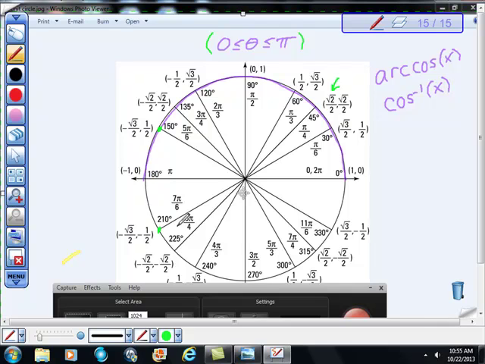And if I go to the cosine of this angular value, that's already accounted for right here. So we only need this piece. It is very, very important that you know that. And the domain values must be between -1 and 1.